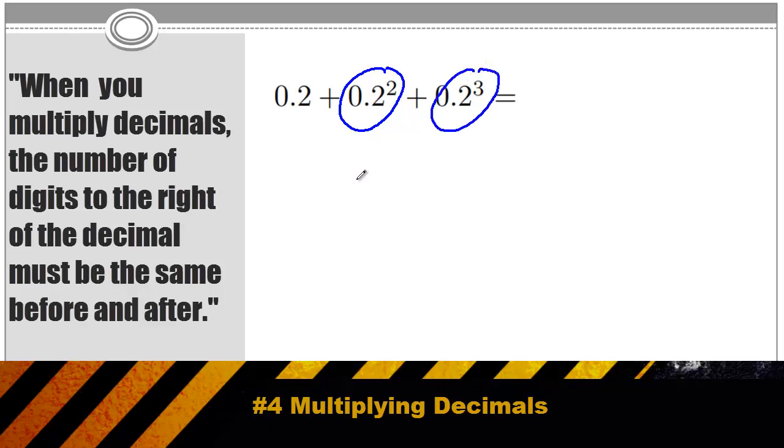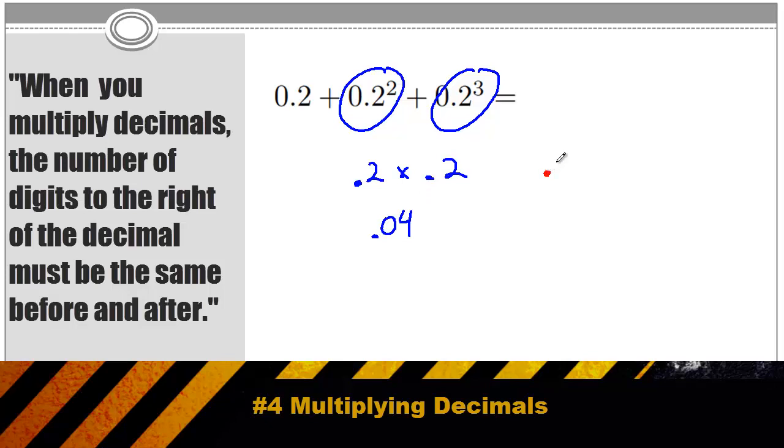Well, 0.2 squared is the same thing as 0.2 times 0.2. I know that 2 times 2 is 4, but because I have 2 decimals to the right before my multiplication, I need to make sure I have 2 decimals to the right after my multiplication. So 4 actually becomes 0.04.